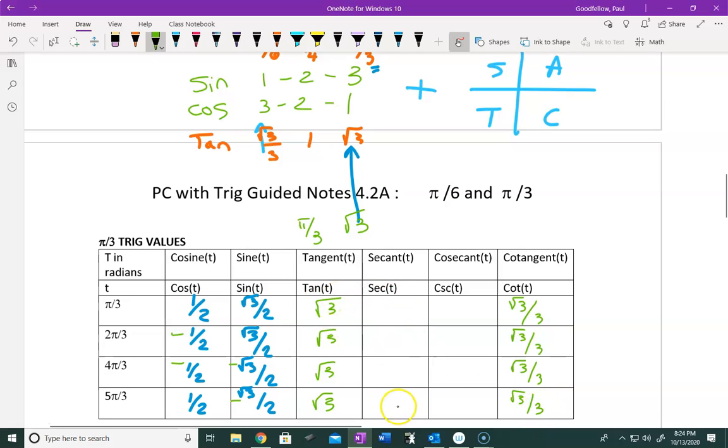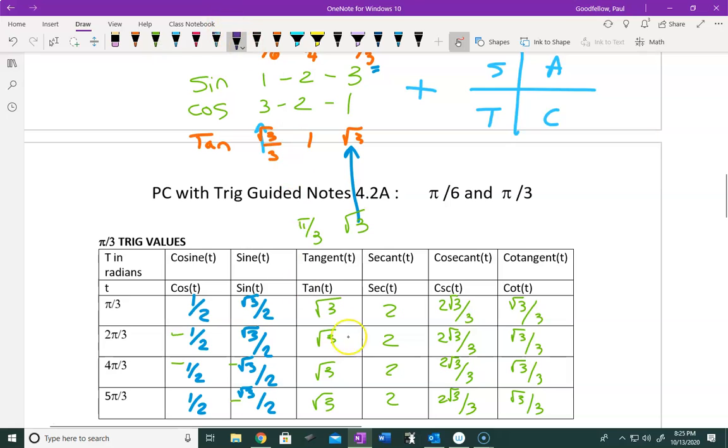And secant and cosecant are going to be the flips of those. Now, cosine would be all these are 2's. And the cosecant one would be the sine flipped over, which is the 2 root 3 over 3 concept. 2 root 3 over 3 and 2 root 3 over 3 and 2 root 3 over 3.